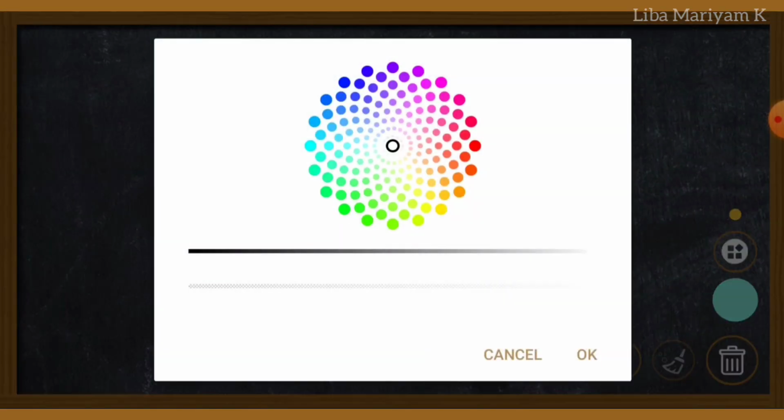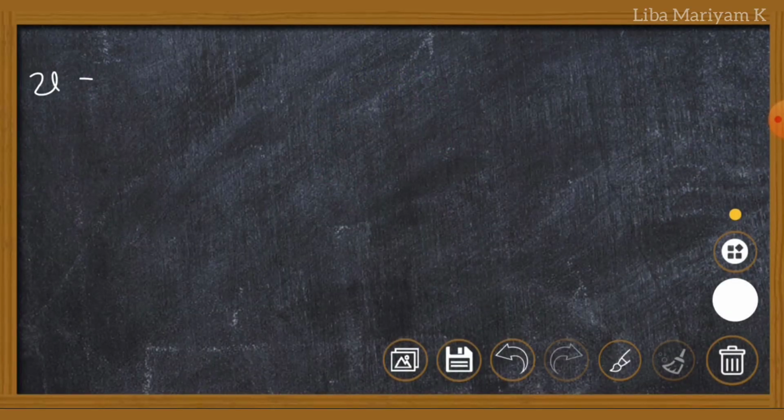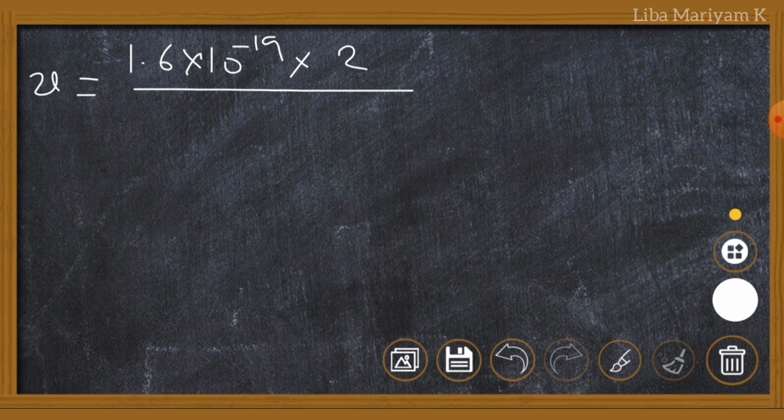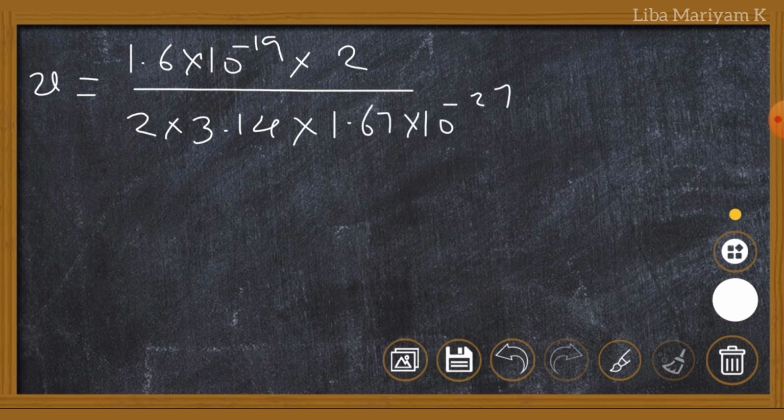Use this equation. Mu equal to charge of proton is 1.6 into 10 raised to minus 19 coulomb. Magnetic field is given 2 Tesla divided by 2 into 3.14 into mass of proton is 1.67 into 10 raised to minus 27, which is approximately equal to 10 in the power calculate ചെയ്യുമ്പോൾ 10 raised to 8 കിട്ടും.